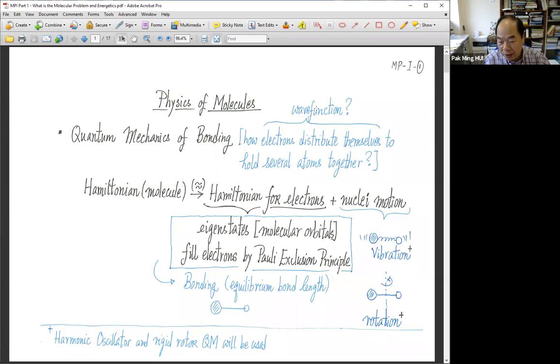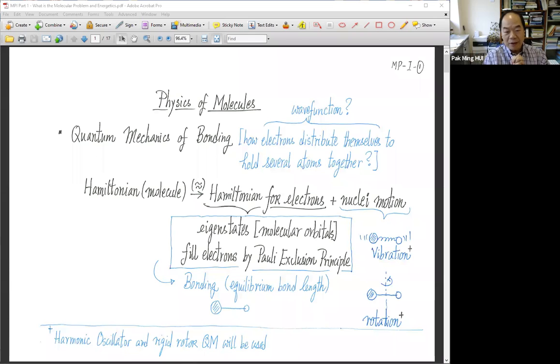But let me tell you at the outset, even H2 cannot be solved, okay? So don't feel bad. I mean, cannot be solved analytically. So that is already the simplest molecule. Therefore, one may make whatever approximations we would like to make, and we will judge the usefulness by the outcomes.